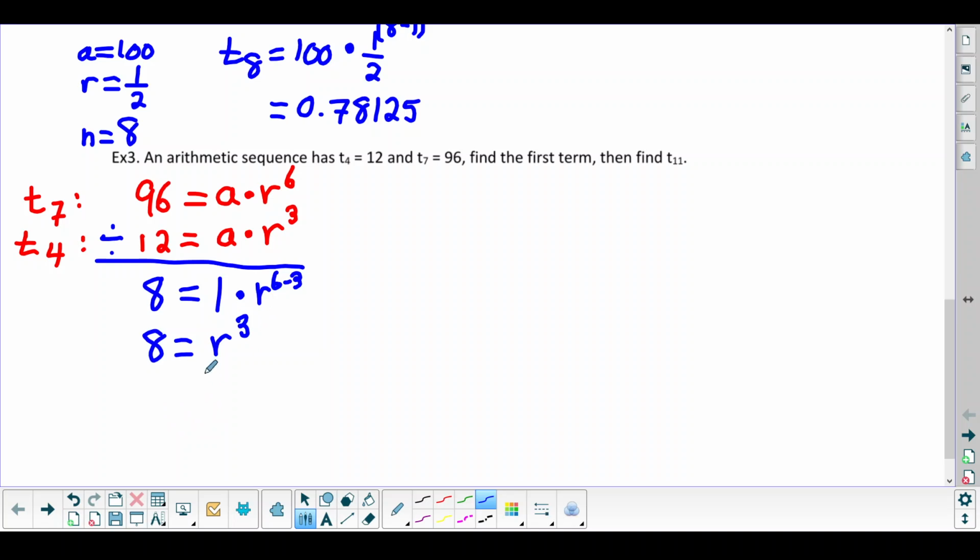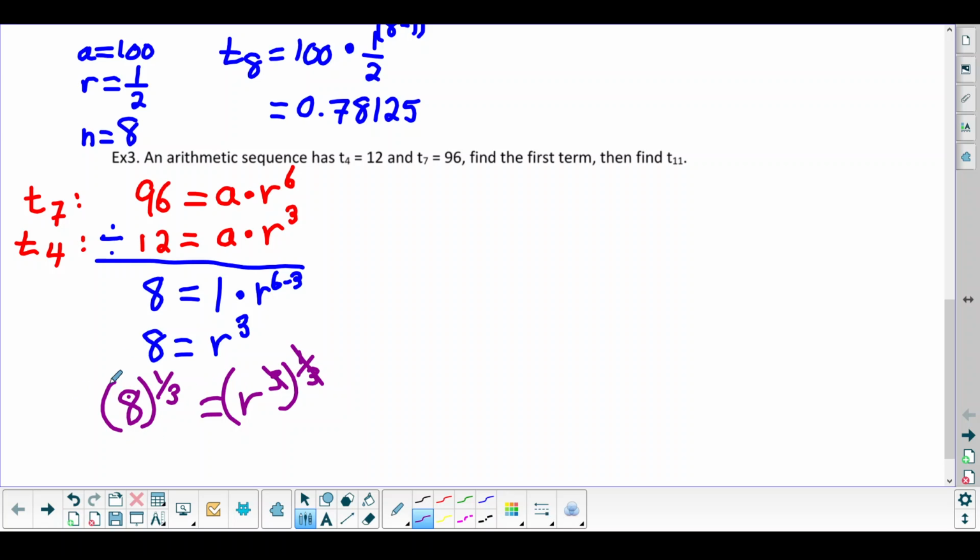So what we can also do is use those fractional exponents we know about, right? So I know that a cube root is the same thing as an exponent of 1 over 3. So that's how I'm going to rearrange this here. I'm going to put both sides to the power of 1 over 3. R cubed to the power of 1 over 3. And these exponents cancel out.